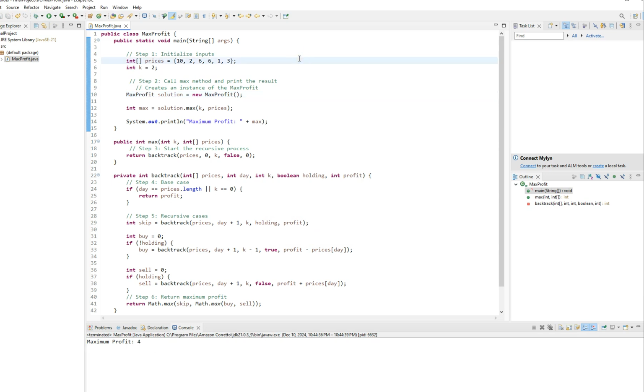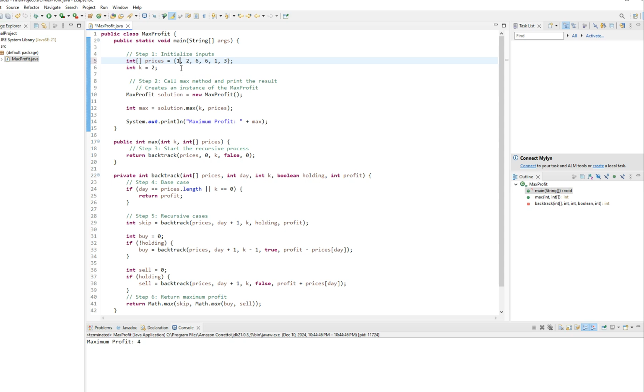Oh, we haven't saved this yet. So here we go. 4, still 4. So let's try, we buy at 2. Yeah, 4. Exactly 4. We buy at 2 and sell at 6. So that's 4, and here we cannot do anything.